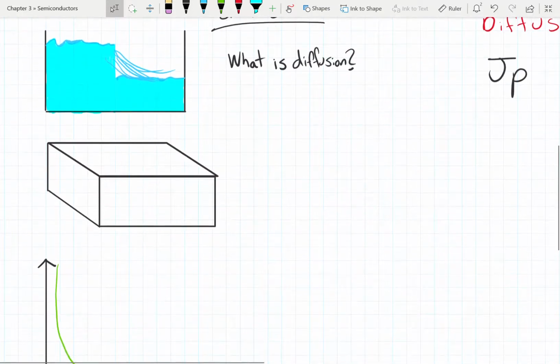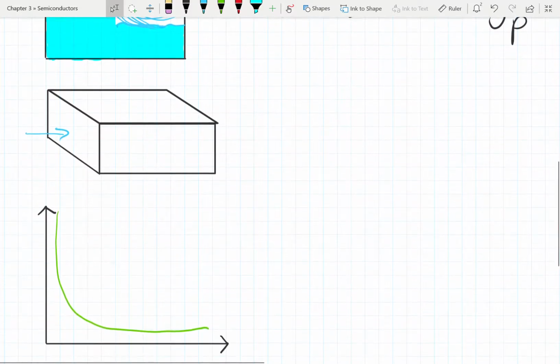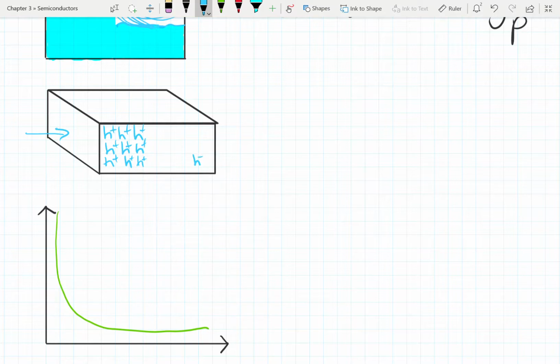A similar thing will happen if we move to a piece of silicon. Let's say in this piece of silicon you are somehow applying holes to the left. Let's start with holes. We're applying a bunch of holes, which I'm going to draw as H+, H+, H+. So we are increasing the hole concentration on this side of the semiconductor, and we obviously had some inherent holes before, so you have a higher concentration on the left than on the right.